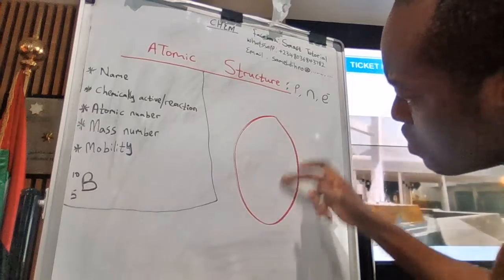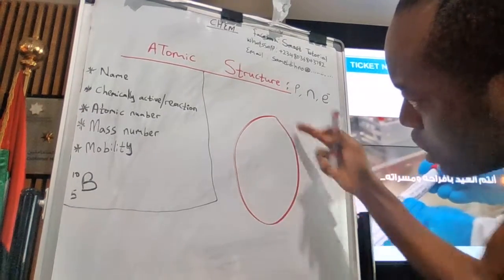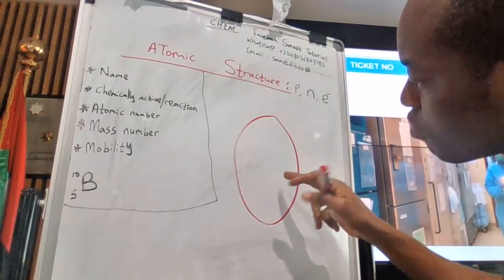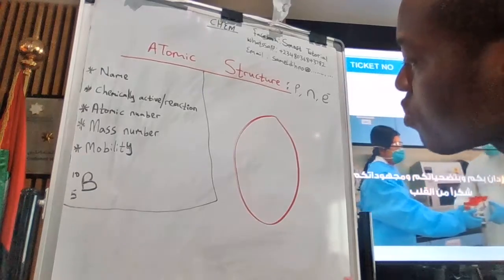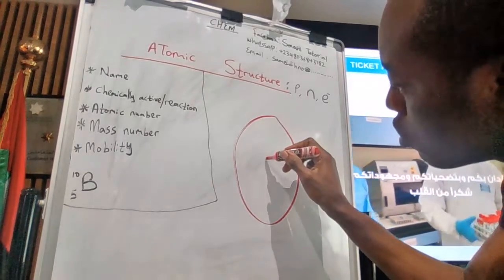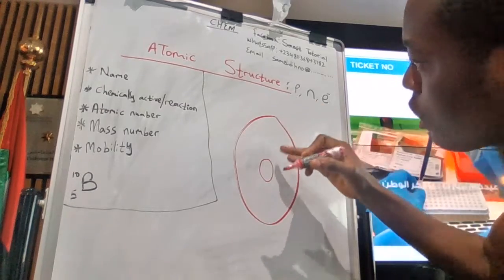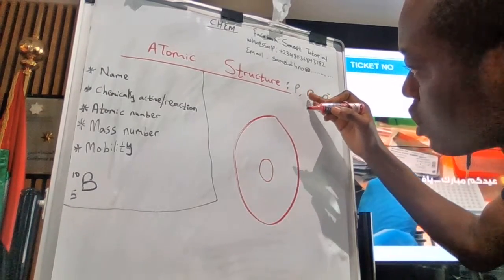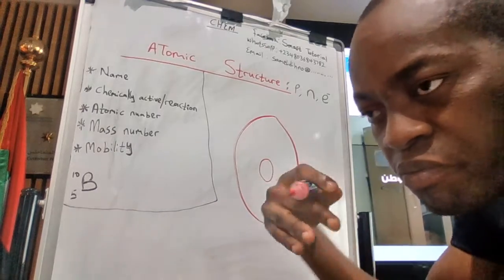Now, if you look at this spherical shape, this is the shell, that is the outer part of the atom. We have the centre, which is the core. Inside the core of this element, we have a lot of protons and neutrons. The number depends on the type of element.